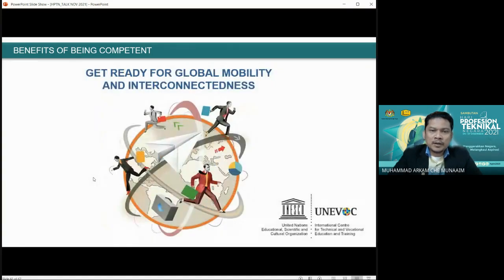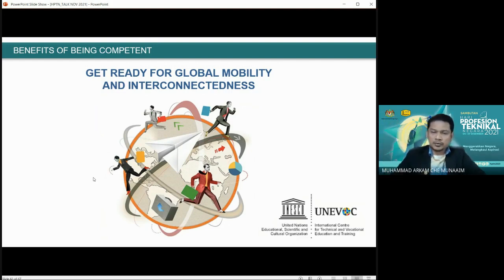Get ready for global mobility and interconnectedness. What I mentioned just now, where this program, even though it's locally designed, is ready to be exported through the UNESCO UNEVOC program, where you can export yourself as a construction worker in other countries. Maybe you can get a better offer there, for example in the Middle East, Dubai, Qatar, all those kinds of countries.